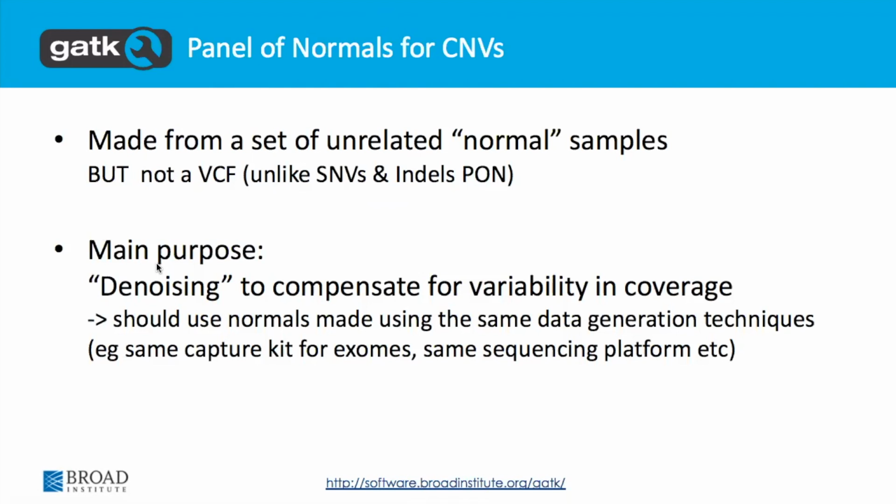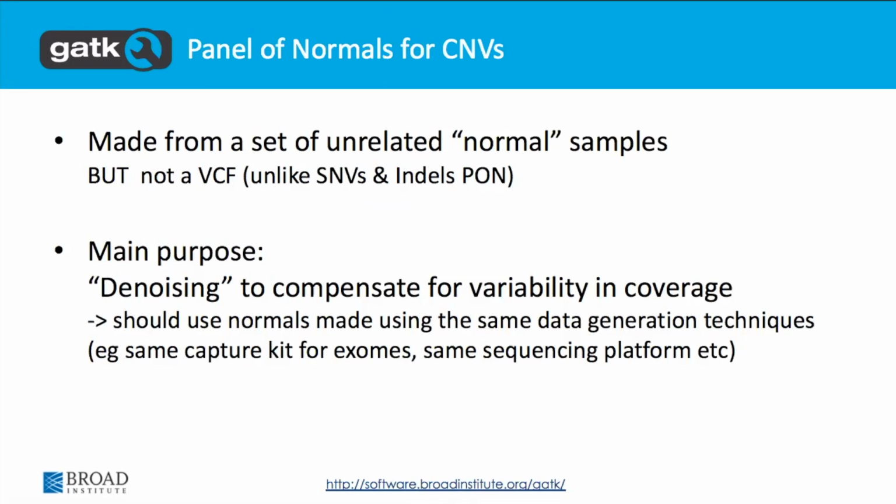The other thing that it has in common with the short variant panel of normals is that it's really important to use the same processing, so the same capture kits if you're working with exomes and so on. I would say it's especially important for copy number on exome. Yes. And that is it for the somatic variant calling overview.